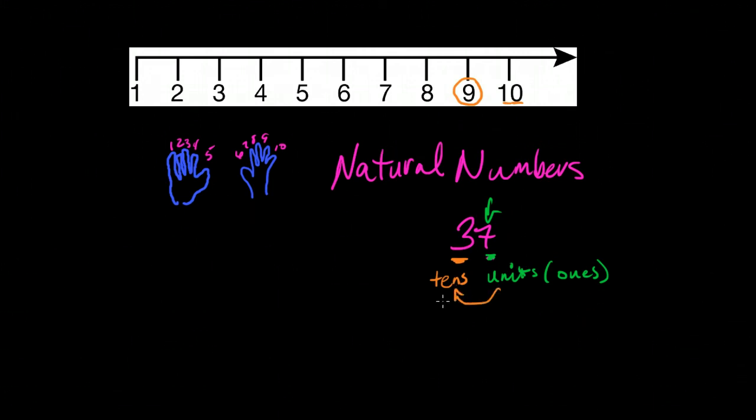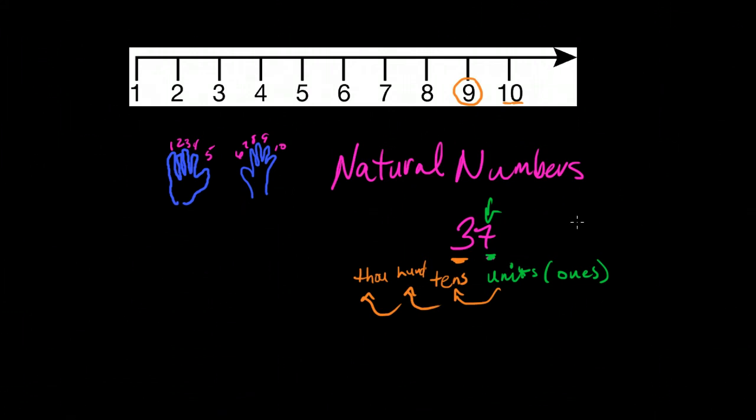Each time I make a jump from one place to the next, I'm going by 10. So 10 times 10 is 100, so the next place would be the hundreds place. 100 times 10 is 1,000, so the next place would be the thousands place, and so on and so forth, right? And this we can do infinitely. Those are the natural numbers.